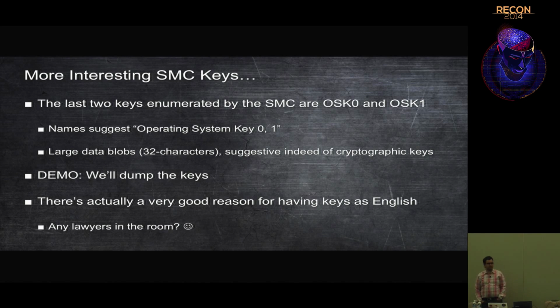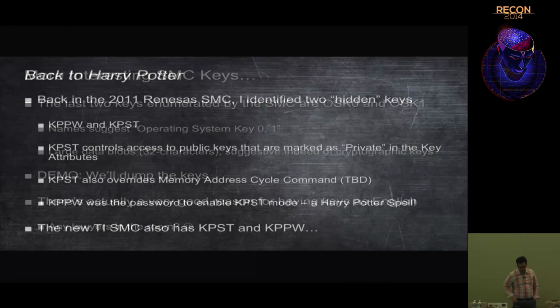And if you're using VMware or some other VM products that let you actually run OS X, they will actually have to implement an SMC with these two keys, which I'm not sure is entirely legal, because we'll see the keys actually are copyrighted. The keys, as you'll see, are actually ASCII strings. They're actually English cryptographic keys. And maybe you can figure out why. And we'll dump them after. I have all this on my Mac, so I don't want to switch back and forth the output.